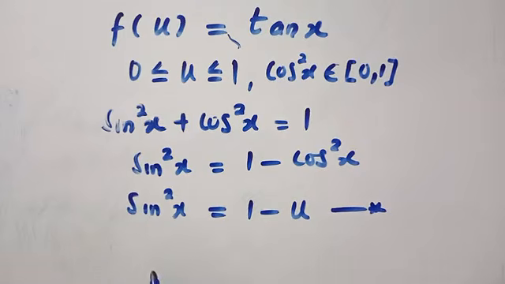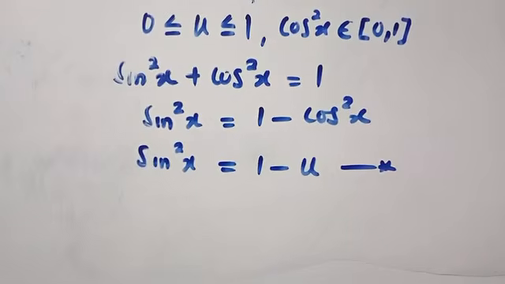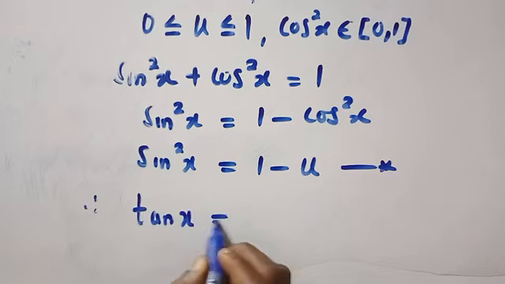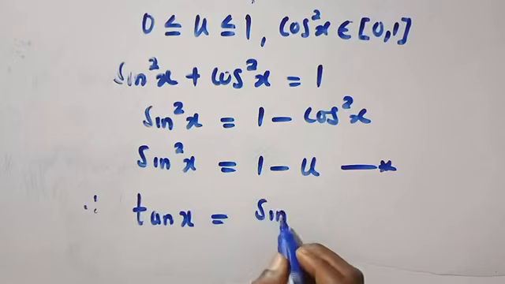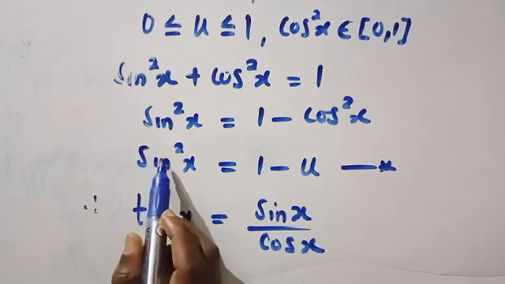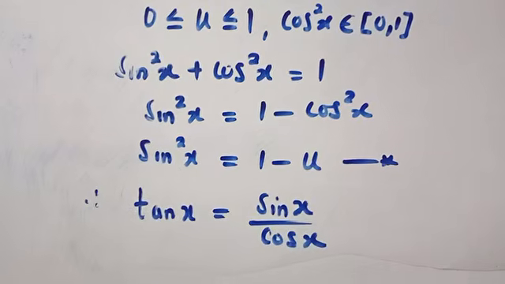In the third step, we want to express tan x in terms of u. To achieve that, we recall from the identity of tan that tan x is given as sine x divided by cos x, where we have sine squared x here and we only have sine x.